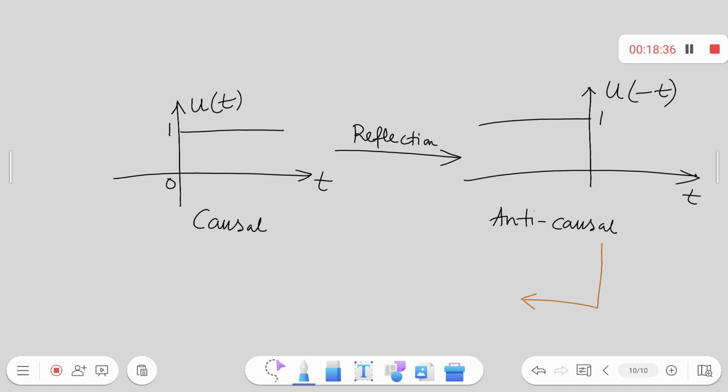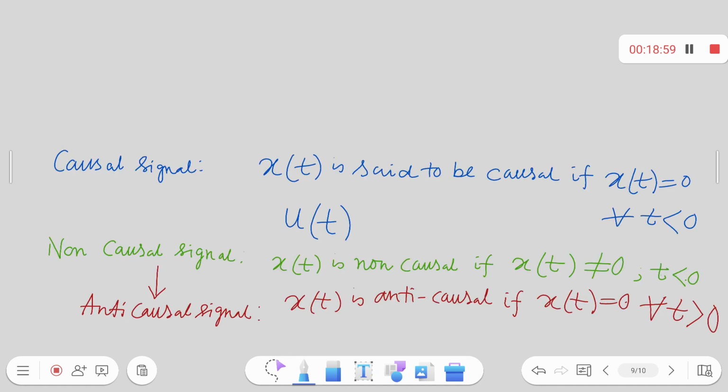For the anti-causal signal, for t greater than 0, this is always 0, right? For a causal signal, t less than 0, always 0. For all t, if you go back to the causal signal, for all t less than 0, x equal to 0.